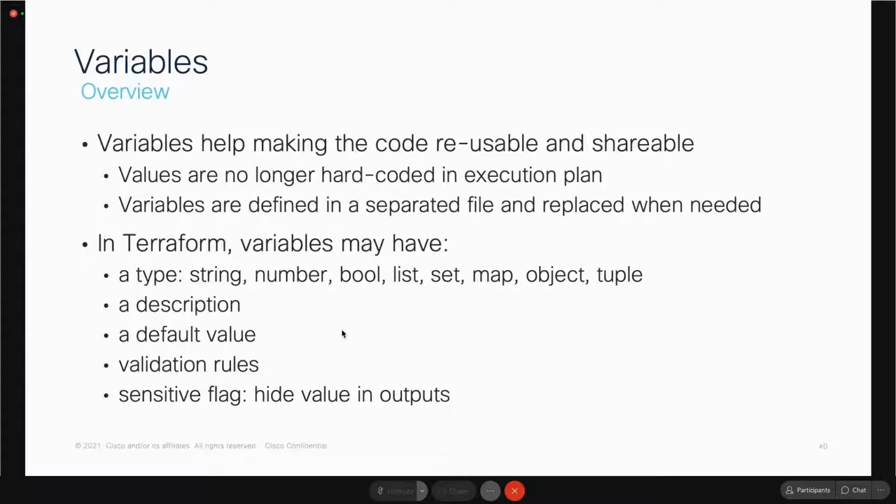So in Terraform, the variables have a type. We have to define if this is a Boolean, a string, a list, a map; there are different types of objects, and you can also add a description. You can add default values. You can even add validation rules and so on, or hide the values if you flag them as sensitive. They will be hidden in the outputs, the logs and these kinds of things.